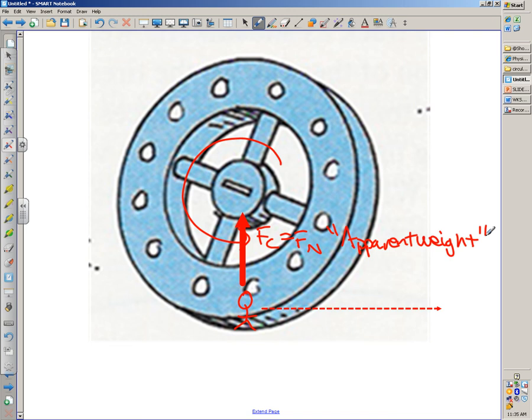Right now, your apparent weight is just equal to whatever gravity is acting on you. But that doesn't come because gravity is acting on you. It comes because you have a normal force acting on you. So Rachel, going back to your question, could we spin this space station in a way where this normal force would be equal, at least in number, to what the force of gravity usually is on us?